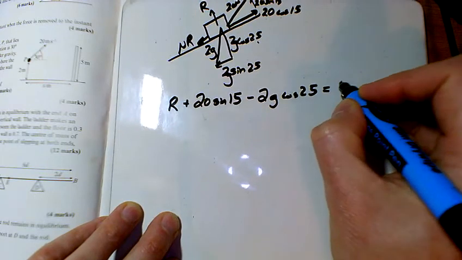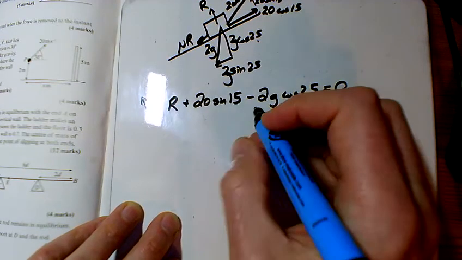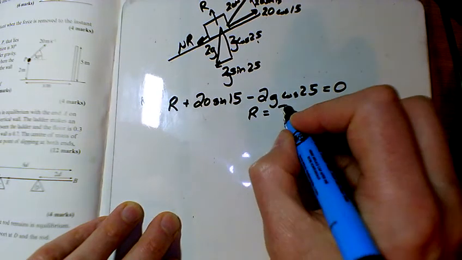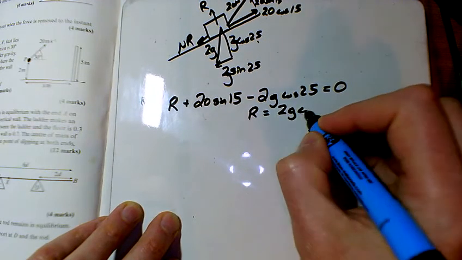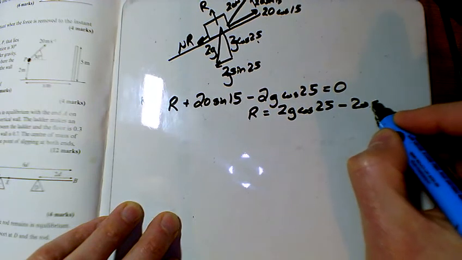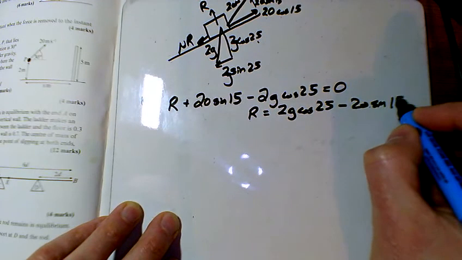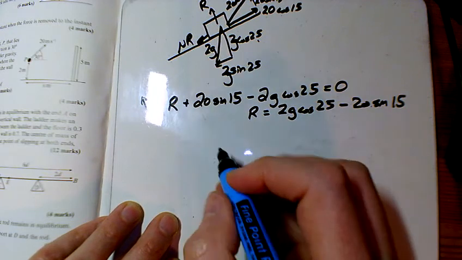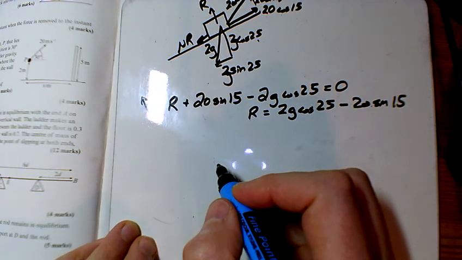And that equals 0, because it's not coming off the plane. So I can work out what R is. R is 2g cos 25 minus 20 sine 15. I'm going to leave it like that. You can tap it in if you really want to.